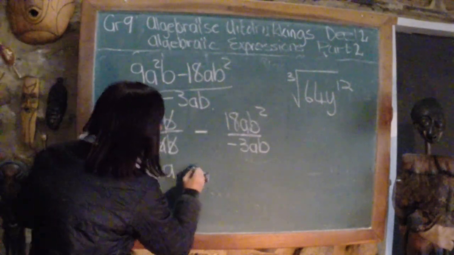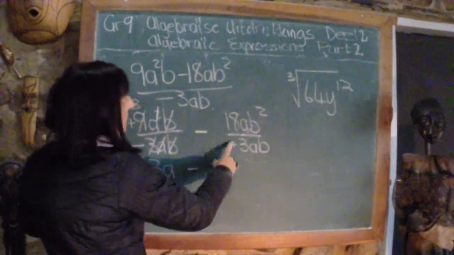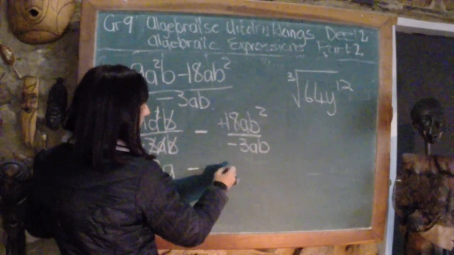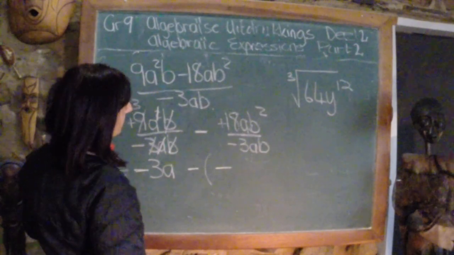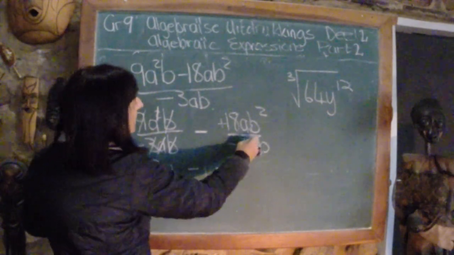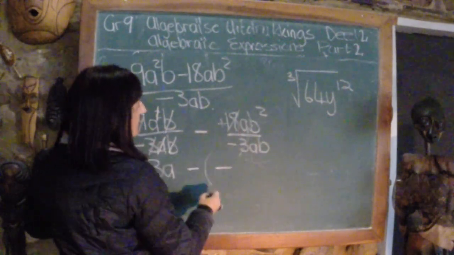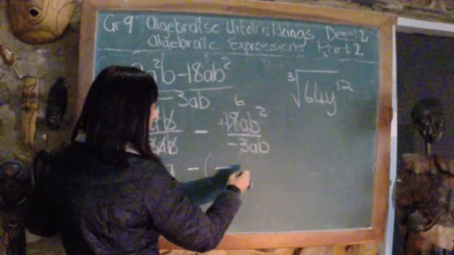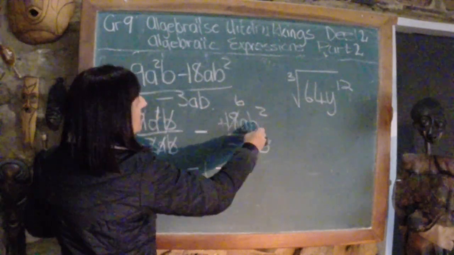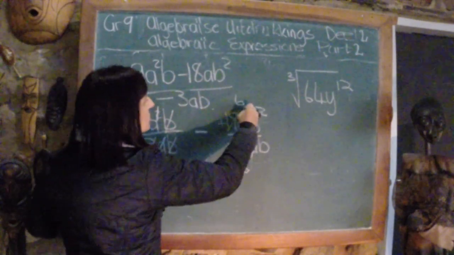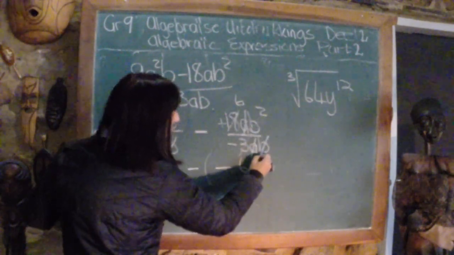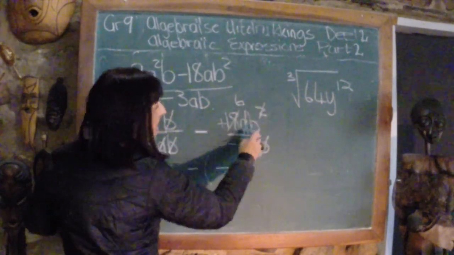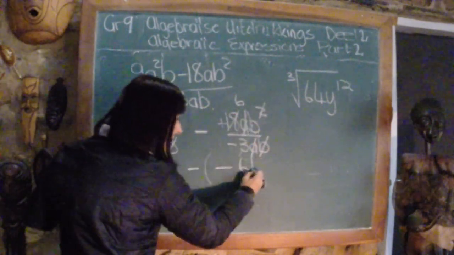I've got a minus over there, so let's see. A plus divided by a minus gives a minus. I can put it in brackets. Then 3 goes into 18 6 times. Good. There's 1a that cancels with 1a. There's 1b that cancels with 1b, but there's another b left.